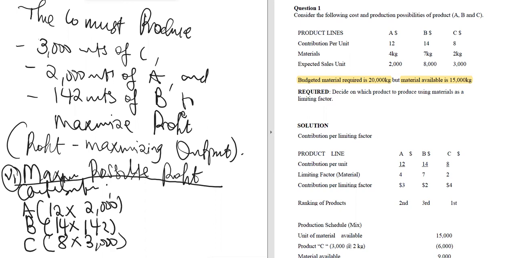Now this gives us our maximum possible contribution. Because there were no fixed costs, the contribution will be equal to the profit.